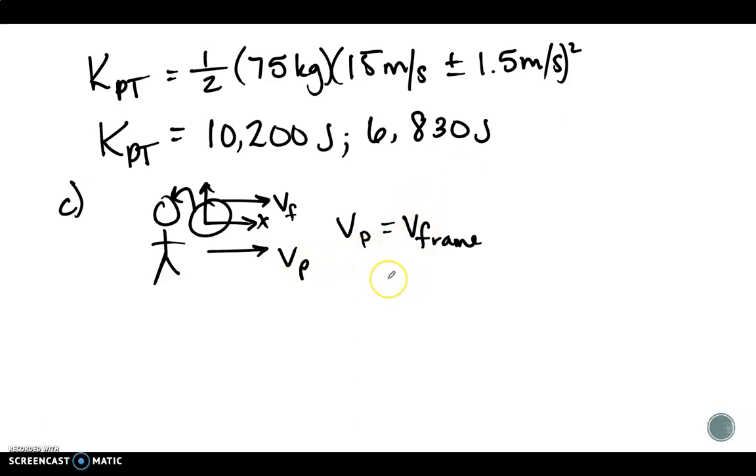So the kinetic energy relative to one another would then be 1/2 mv squared, where v is the relative velocity. Since they are moving at the same speed and the same velocity, this velocity will be 0.